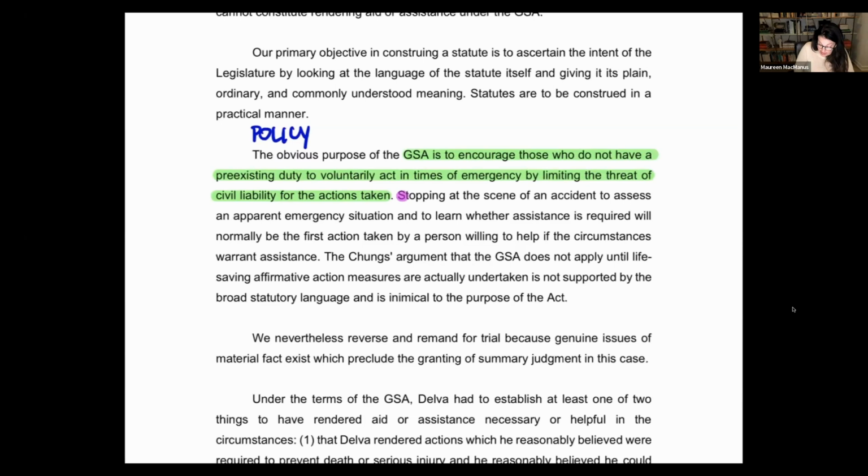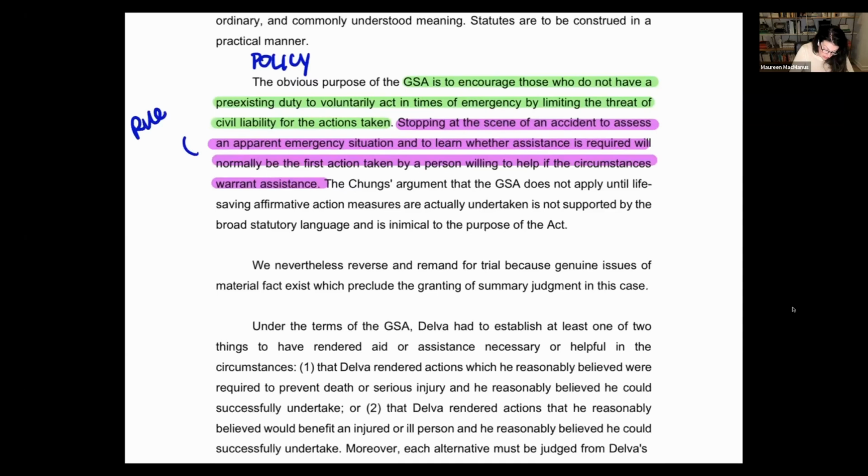So the court here says stopping at the scene of an accident to assess an apparent emergency situation and to learn whether assistance is required can be emergency aid. So just merely stopping can be emergency aid.